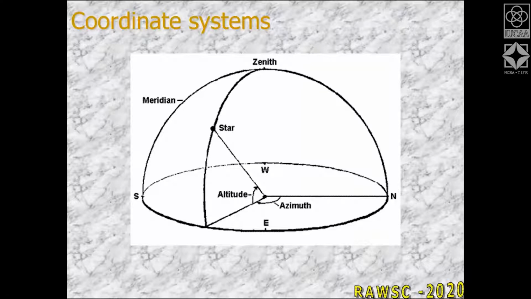If I give the alt-azimuth of the star, they will not be able to locate it, right? Because the altitude keeps changing. The star rises and sets because of the Earth's rotation, as somebody correctly pointed out, and so does the azimuth. It also keeps changing as the star rises and sets. So this is the basic deficiency of this coordinate system.